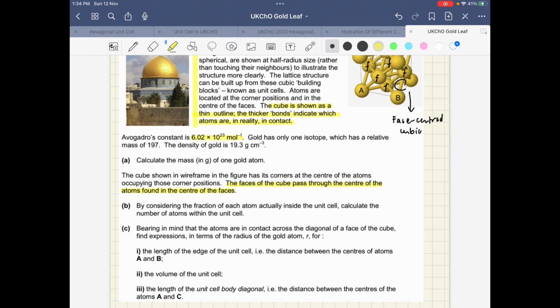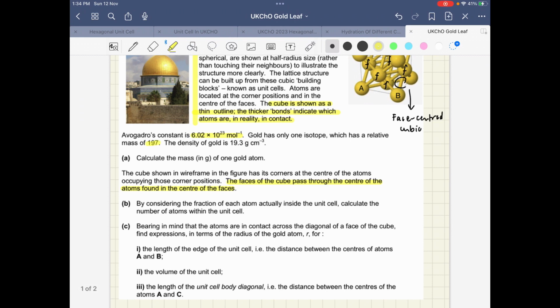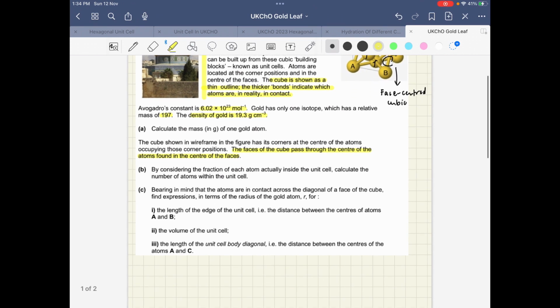Gold has only one isotope, so 1 mole of gold here would have a mass of 197 grams. It also tells you that the density of gold is 19.3 grams per cm cubed. We want to calculate the mass in grams of one gold atom.